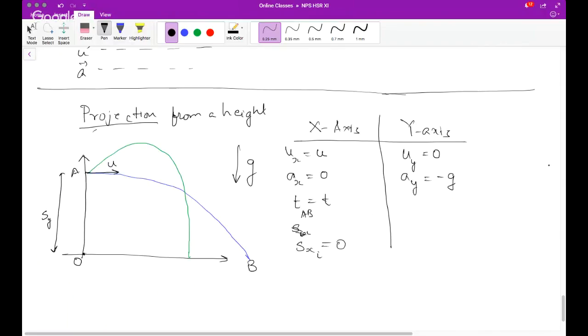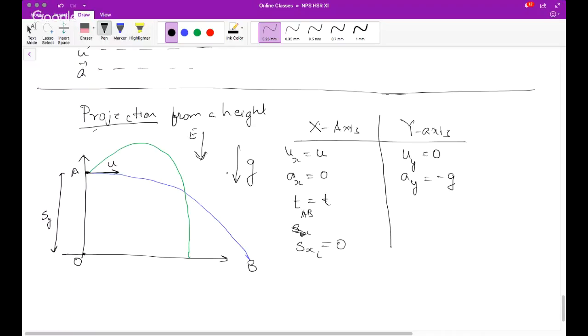Now in other cases, in higher classes, what they can do is, let's say they will throw a charge in an electric field or a magnetic field, things like that. So plain and simple, let's say an electric field, and some charge on this particle, and the electric field exists like that. And if this was a positive charge, then again this electric field E will try to deviate it.